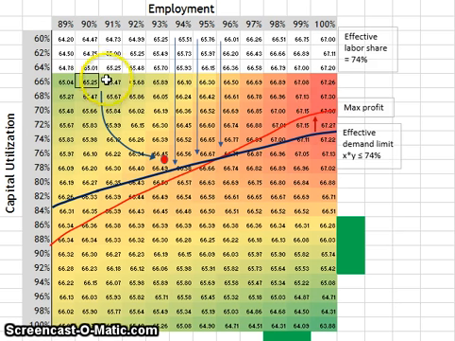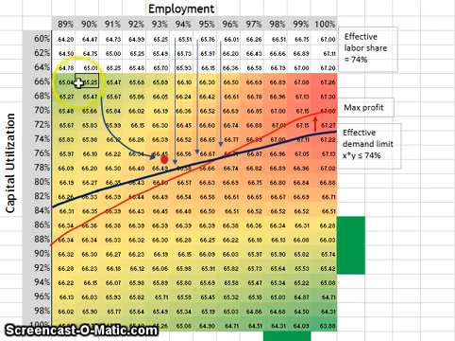So here are all the numbers for 74% effective labor share from that equation that you saw at the beginning of the video. So these are the actual numbers that come out. And what's interesting is that these numbers from that simple equation, this plot is describing exactly what is happening in the economy right now. The numbers are matching up. The percentages are matching up.